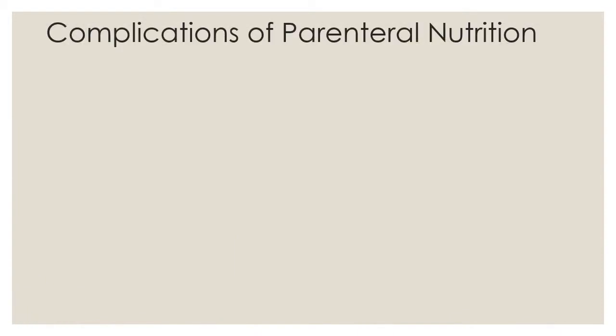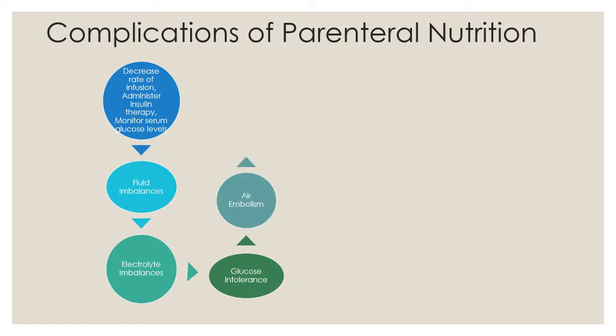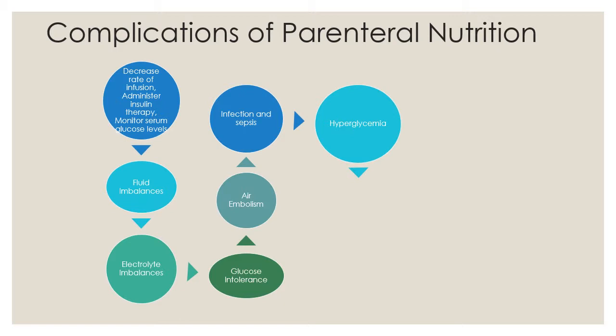So let's go over a few of the complications of parenteral nutrition. Decrease rate of infusion, administer insulin therapy, and monitor serum glucose levels. There is potential for fluid imbalances, electrolyte imbalances, glucose intolerance, air embolism, infection and sepsis, hyperglycemia, hypoglycemia.